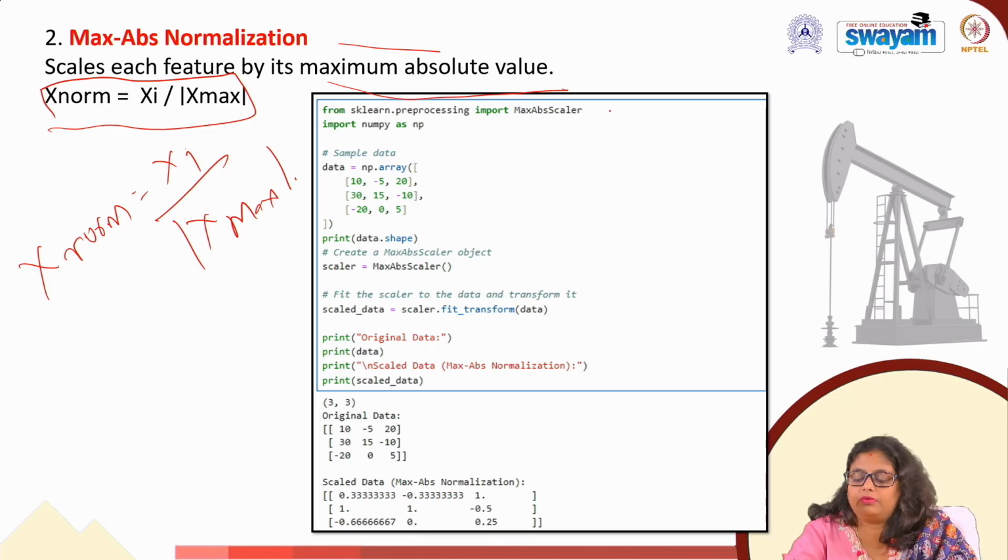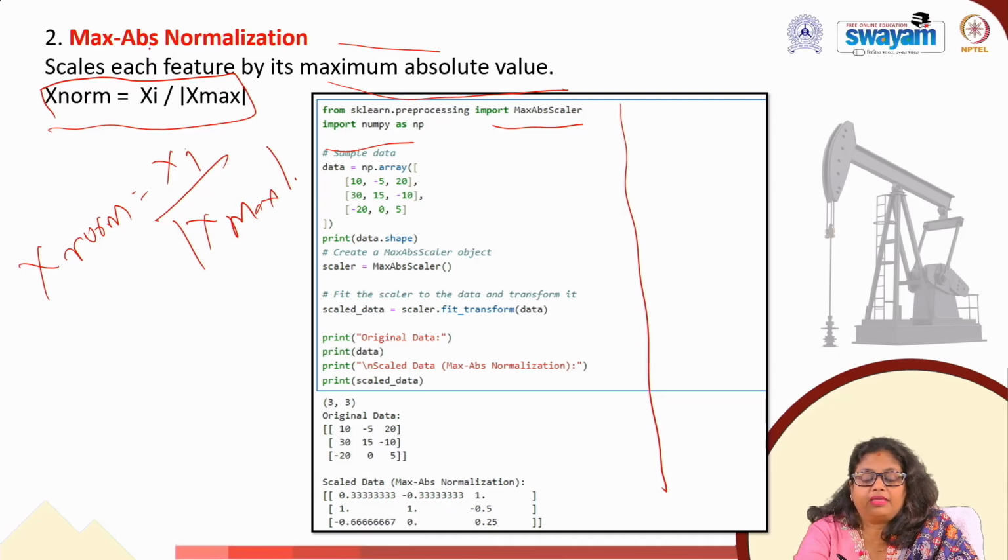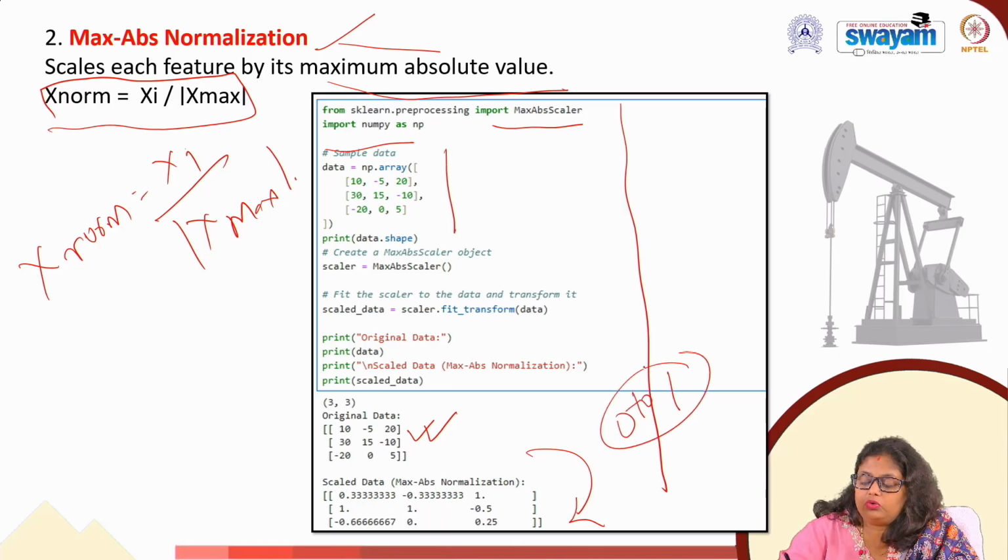For this example, I am importing MaxAbsScaler from scikit-learn preprocessing and importing numpy, and doing max abs normalization on an array. After normalization, all the features will be scaled within the range of 0 to 1, and this is how it is normalized.